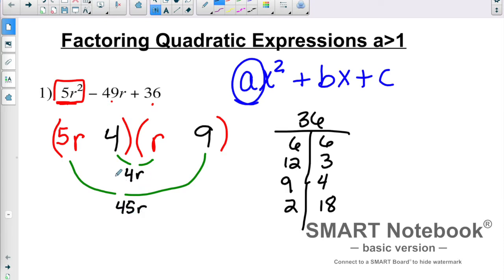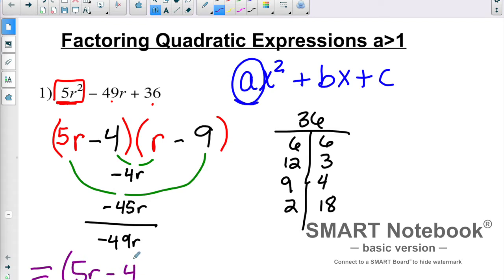This can combine if I have a negative 4 and negative 45 to give me negative 49r. So I do want negative 4 and negative 9. That combined to give me that negative 49r. It multiplies to give me a positive 36 because I have a negative times a negative. So my actual finished answer is the 5r minus 4 and the r minus 9.